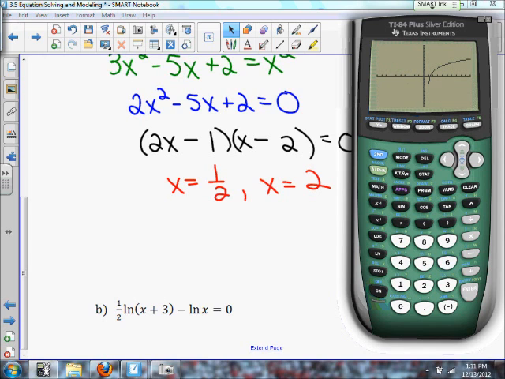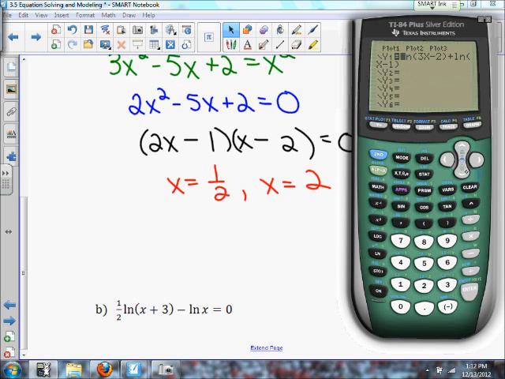What do you notice? Oh, I only graphed the left side. So, is it ever going to reach 1/2? No, there's going to be a vertical asymptote at x equals 1. So 1/2 can't be an answer. It's not in the domain of the left side.